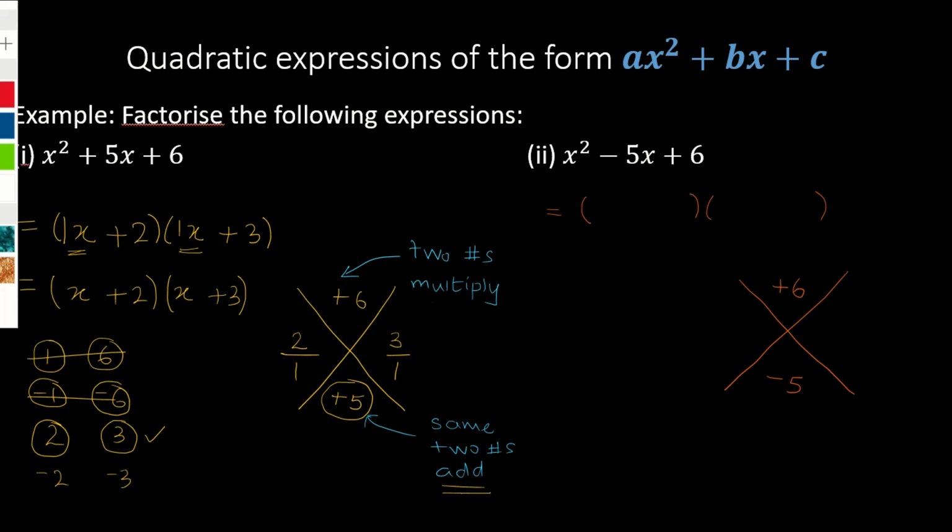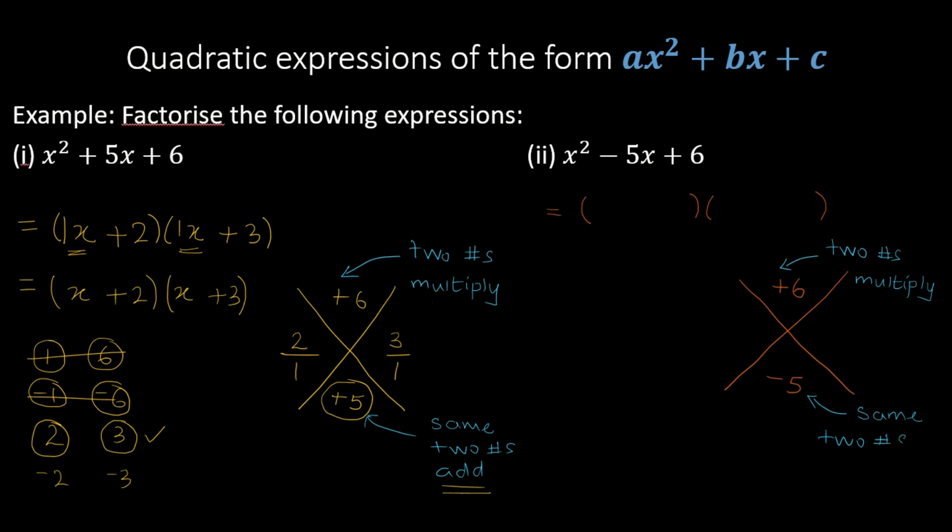We have to think of two numbers which, when we multiply, give positive 6, and the same two numbers which, when we add, give negative 5. What are these two numbers?